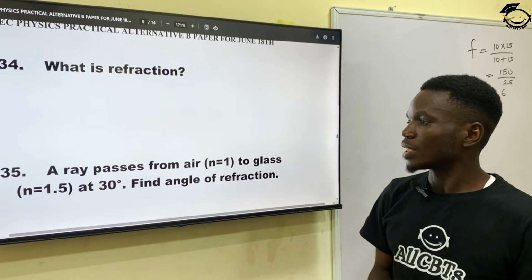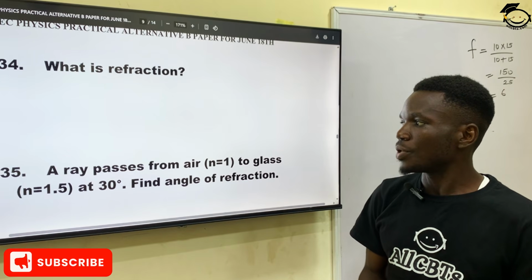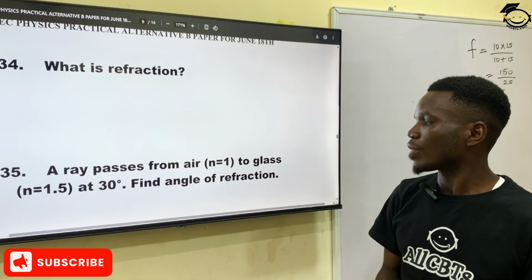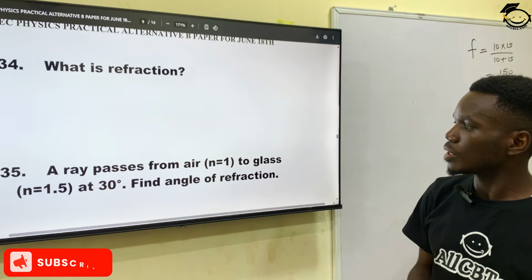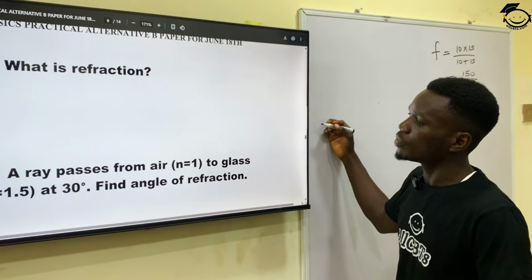Moving on to question number 35, it says that a ray passes from air with a refractive index of 1 to glass with a refractive index of 1.5 at 30 degrees. Find the angle of refraction.